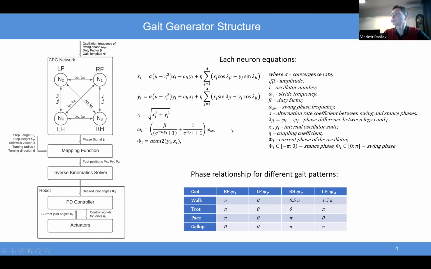It is a swing phase frequency. If we change lambda, we can change gait pattern. And here beta is duty factor. Here you can see the phase differences for the most common gait patterns.